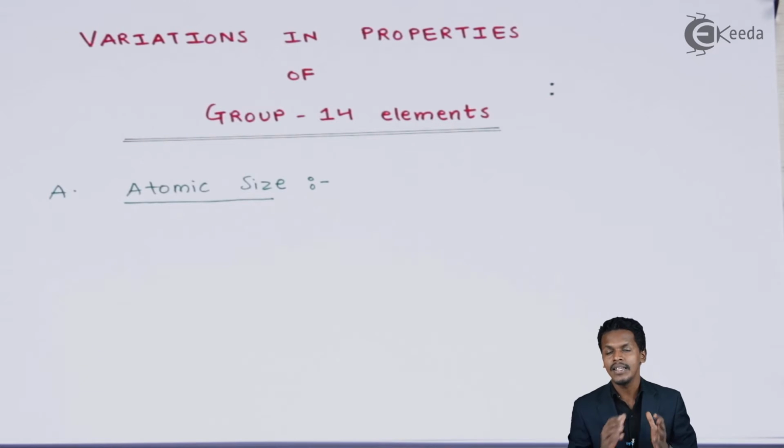So the nucleus exerts more effective nuclear charge on the s orbital or the orbital after d, and the atomic size decreases. Here also the atomic size decreases, but not by much. In a regular manner, the atomic size goes on increasing from carbon to lead. So this was the variation in atomic size, and now let us move on to the next one.